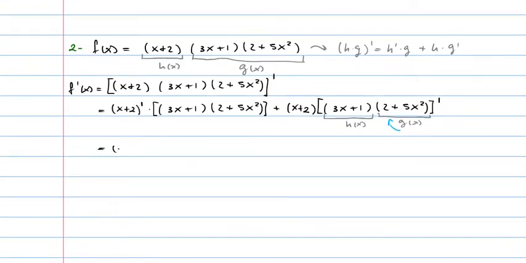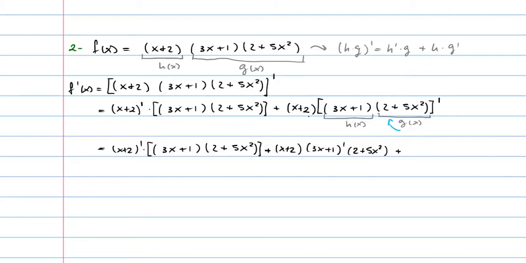What we're gonna have is x plus 2, the derivative, times this whole thing, and then we're gonna have plus x plus 2 times, and again we use this rule, the derivative of the first one, 3x plus 1 derivative, times the second one without derivative, 2 plus 5x squared.